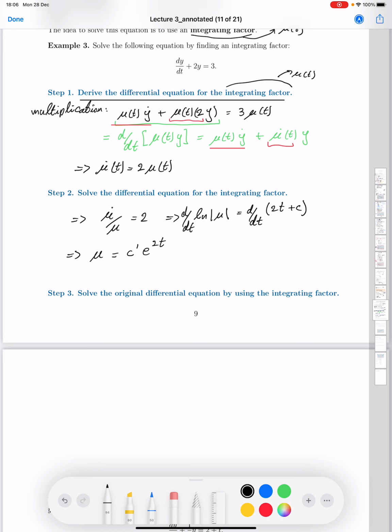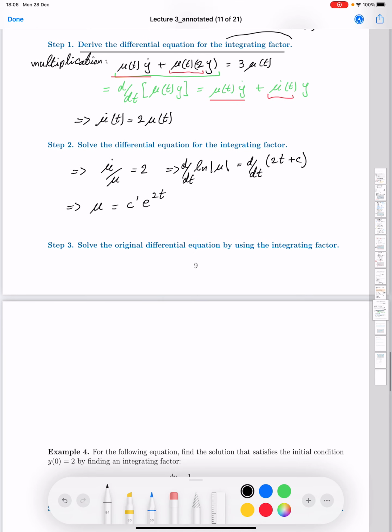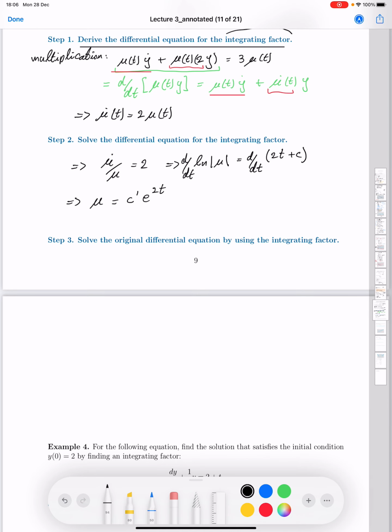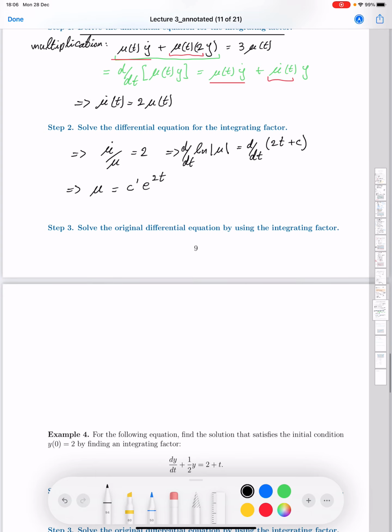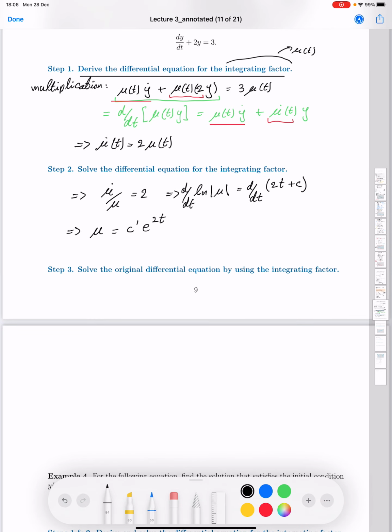Now, however, before I finish this part, you will see that in the third step, I will go back to this original equation here, and I need to solve this.